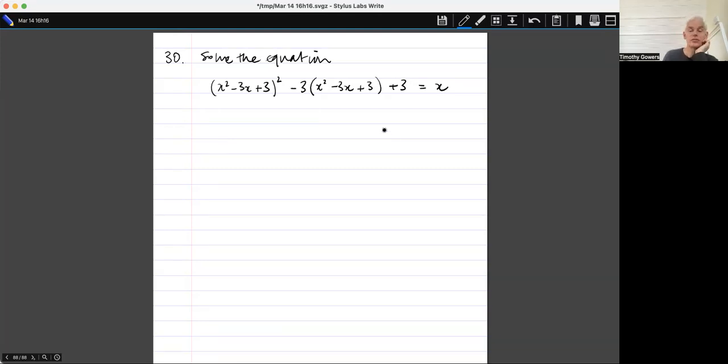I suppose this has still got nothing to do with invariance, but it's tempting to write this as (x squared minus 3x plus 3) squared minus 3 times (x squared minus 3x plus 3), because this factorizes nicely. Then over here I've got x minus 3. So what happens if I factorize this?